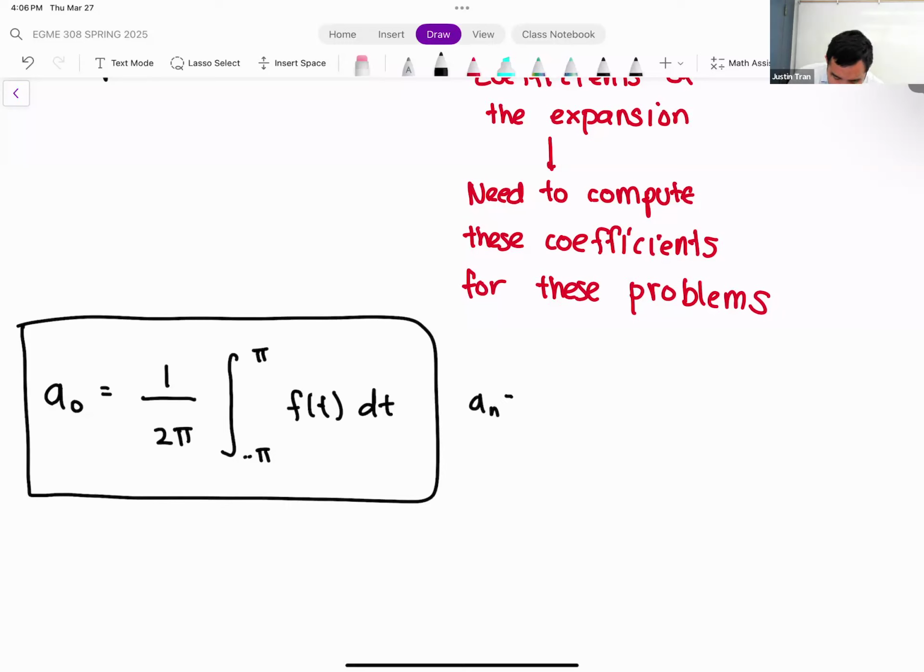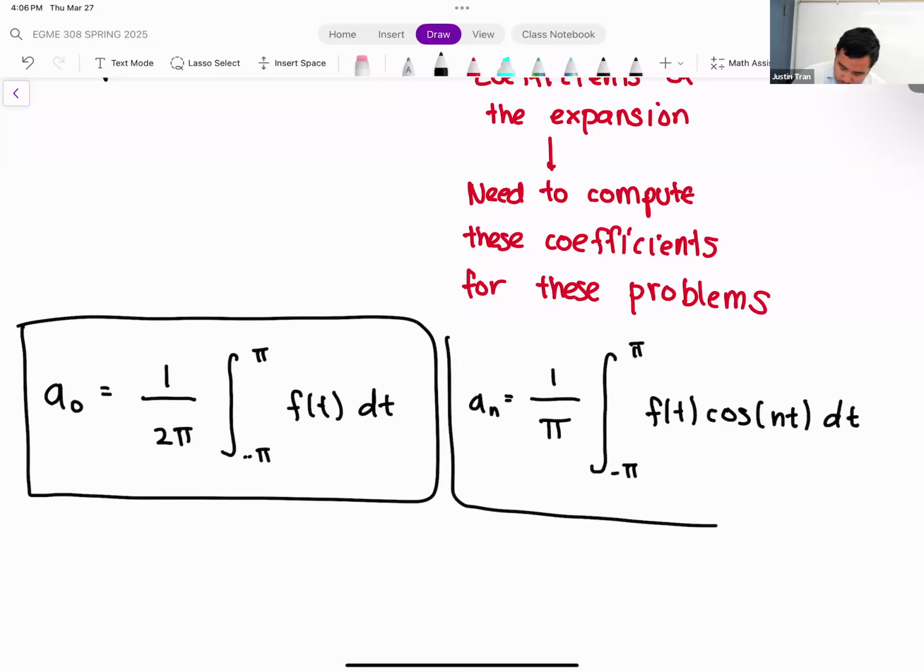The next one we have is a_n. a_n here is 1 over pi times the integral from minus pi to pi of f of t cosine of nt dt. It's a little bit more complicated of an integral, so you have to take the product of your periodic function and cosine over one period.